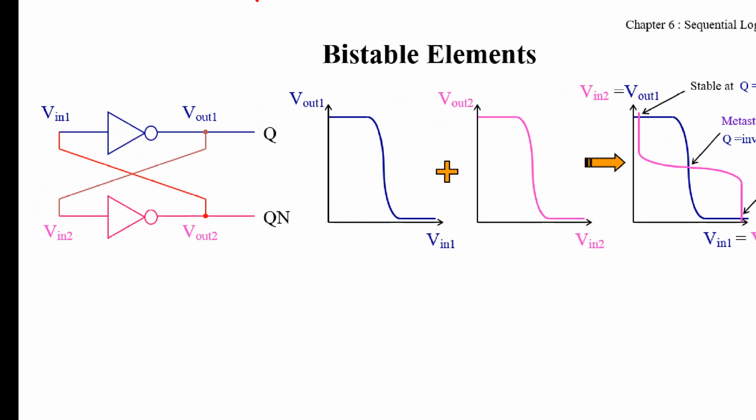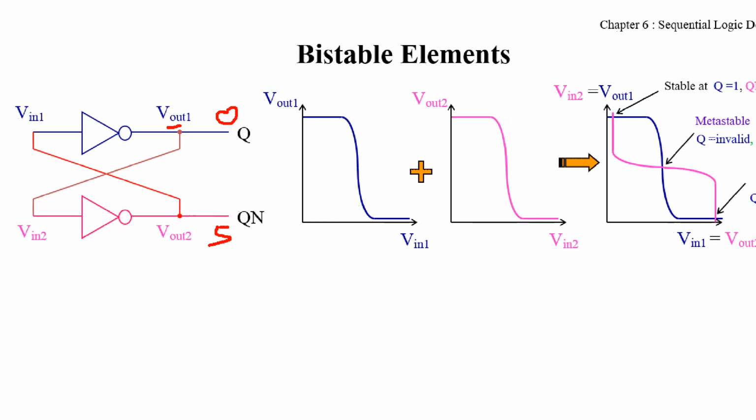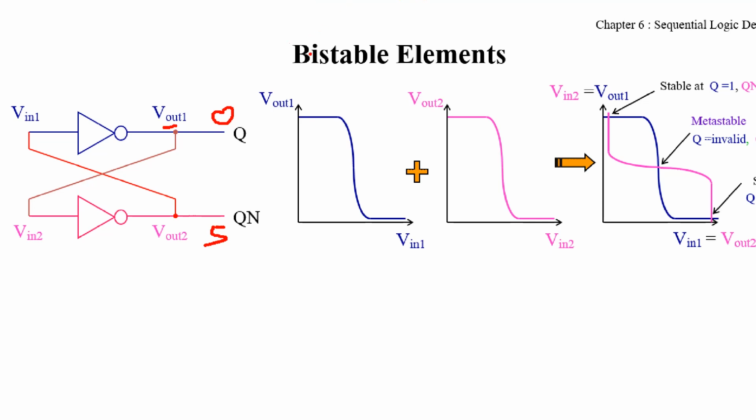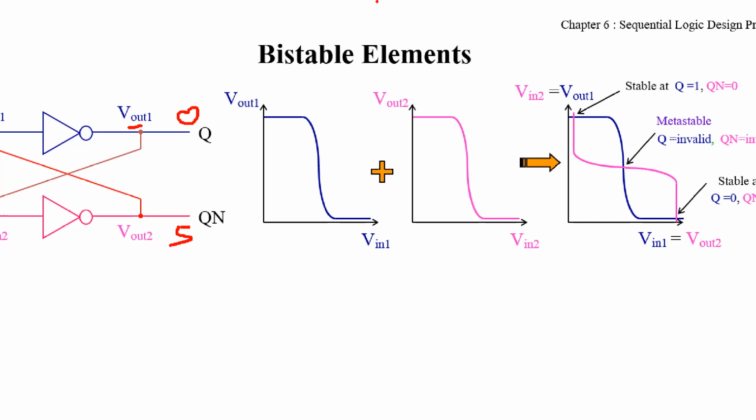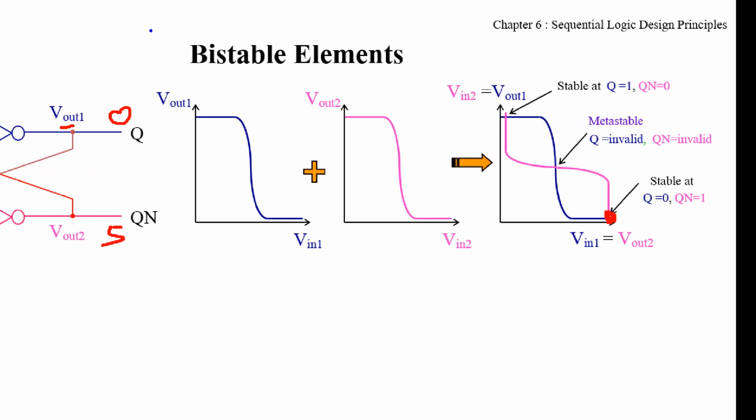For the previous example, V out 1 is 0 and V out 2 is 5. Stable state. So it's stable here. Namely, Q is logic low, Qn is logic high, at this point.